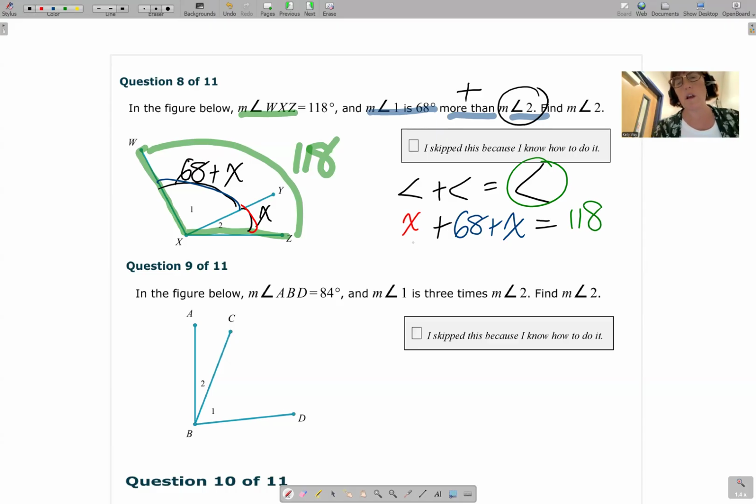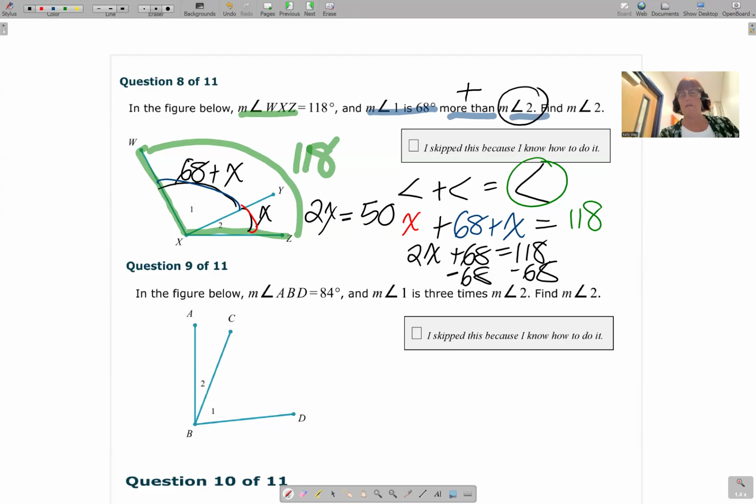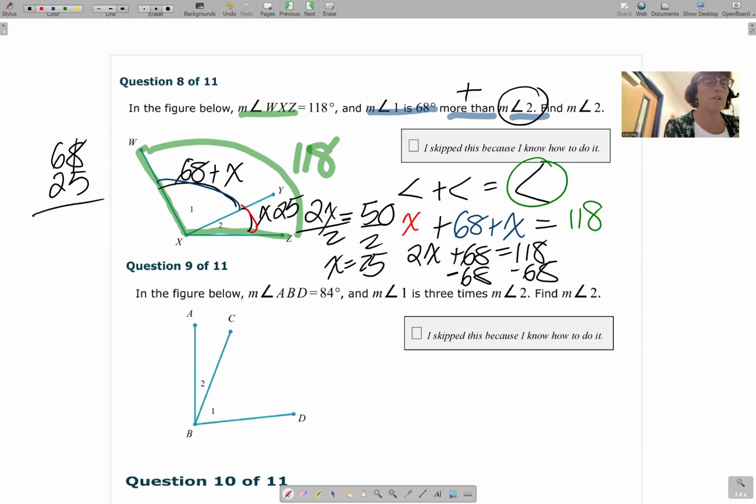So this would be 2x plus 68 equals 118. 2x equals 50. X equals 25. Then you do 68 plus 25, and you check, that's 13, carry the 1, and that's 9.